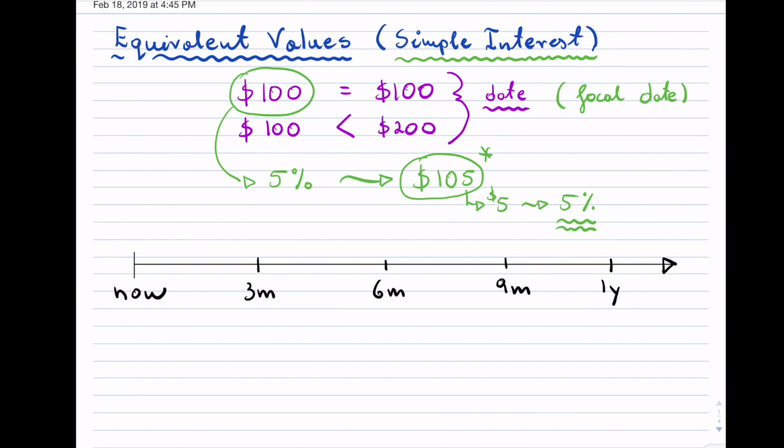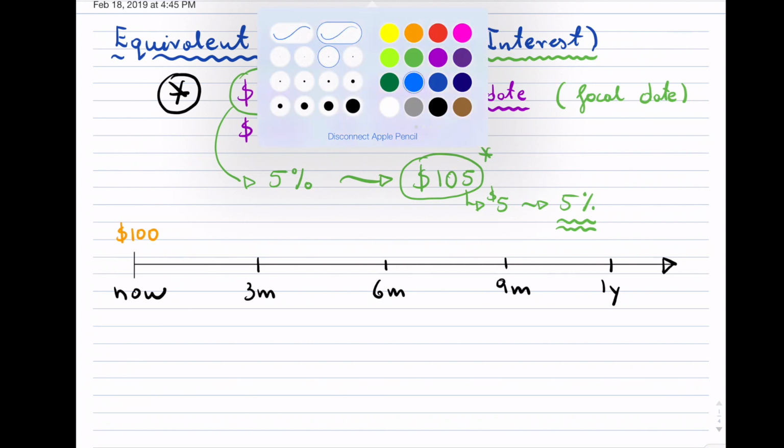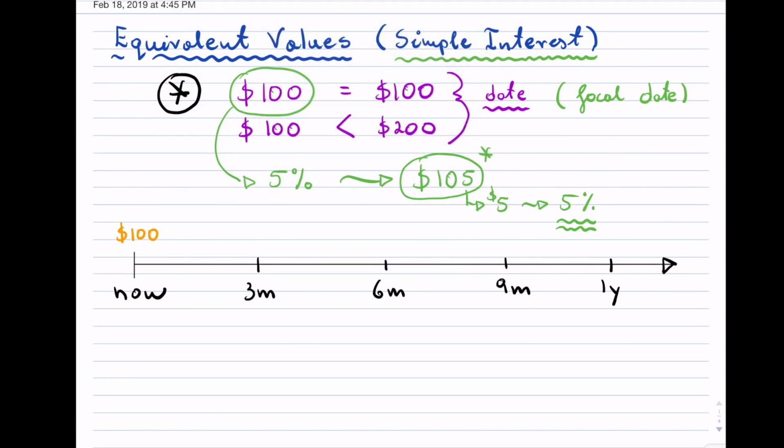So now, coming back to the original example, if you are comparing the $100 right now, well, they're equal. But say Jason over here has $100 today, and Joanne, at 9 months down the line, has 100, and you want to check if they're equivalent, if they're the same.